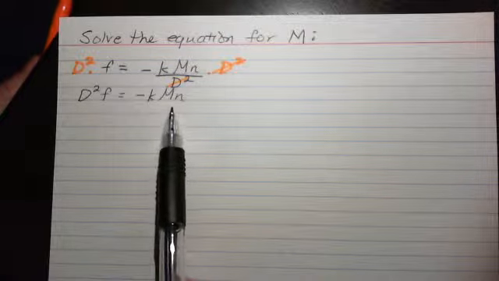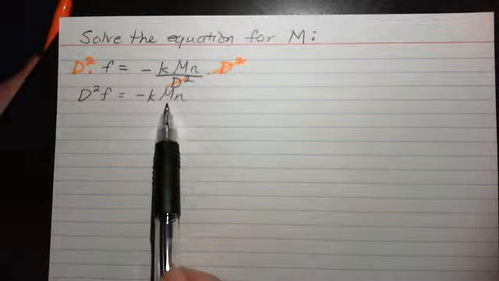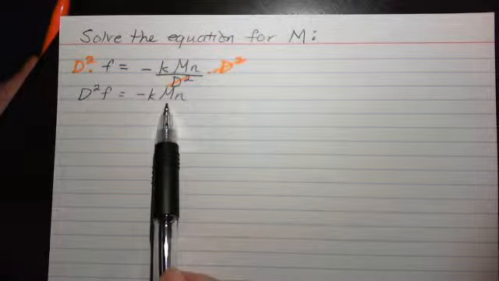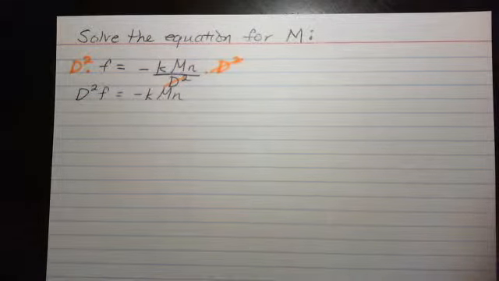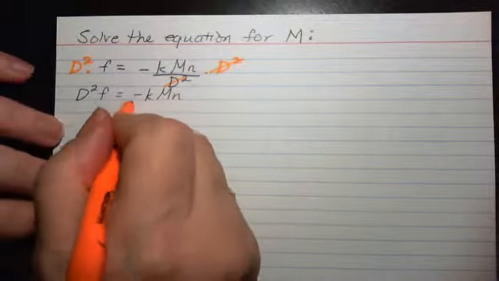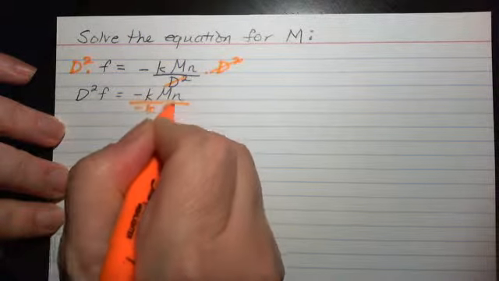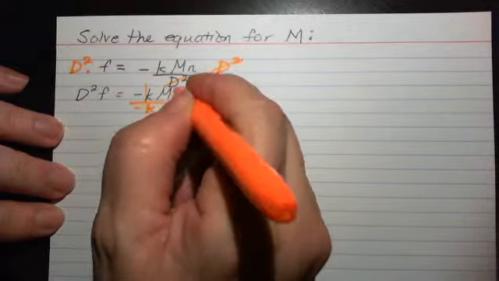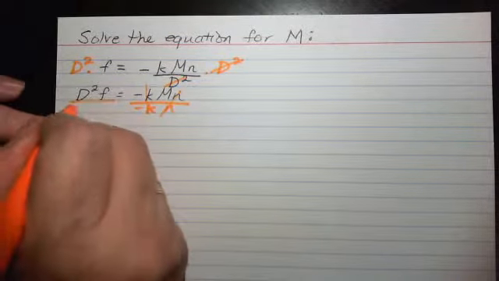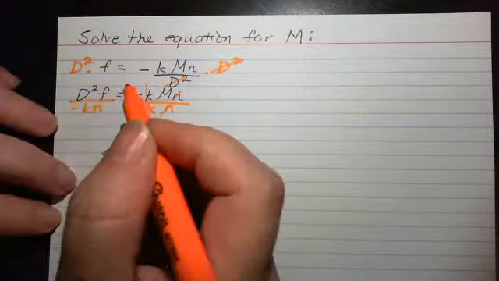Now we're trying to get the equation solved for m, and m is only multiplied by negative k and n, so we should be able to divide by negative k n, dividing to get rid of what's multiplied, and we divide by that on both sides, negative k n.